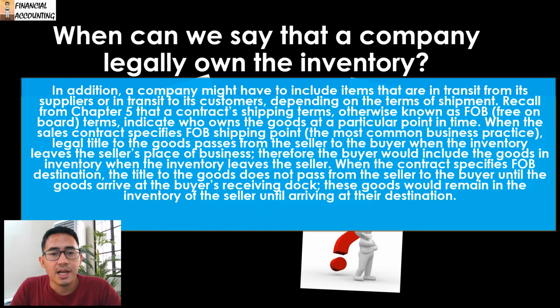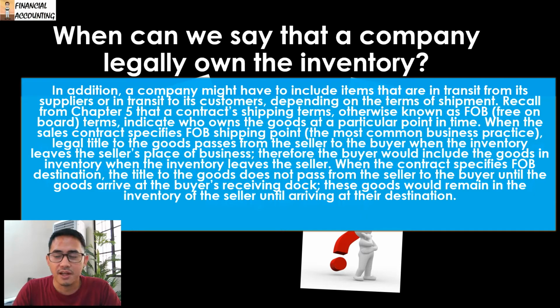In addition, a company might have to include items that are in transit from its supplier or in transit to its customers, depending on the terms of shipment. Okay, so I'm sure you can recall our lesson in our last video, discussing FOB shipping point and FOB destination.